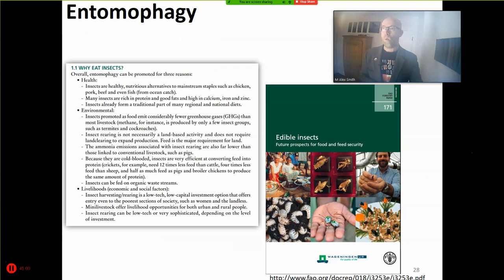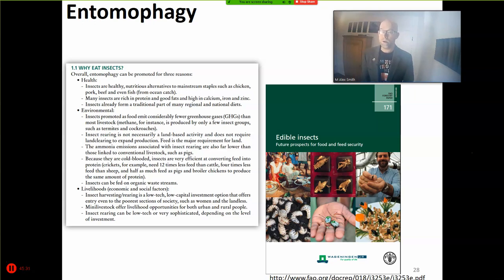Now, why eat insects? Well, it's a protein source, and it can be as delicious as any other protein source that we eat. We can think about why it might be promoted, for 3 reasons. The FAO talks about their being nutritious alternatives to mainstream staples such as chicken, pork, beef, and even fish.